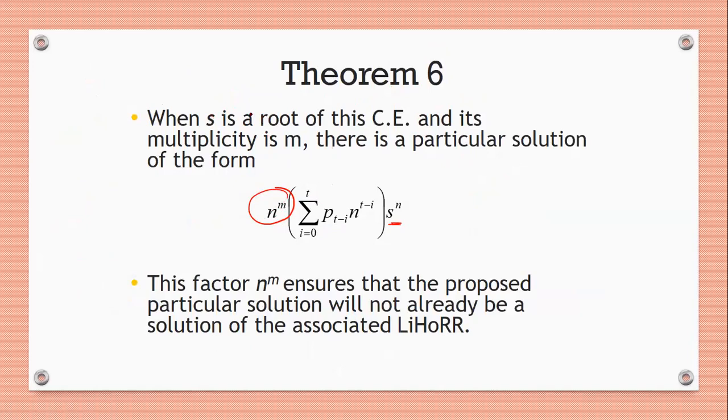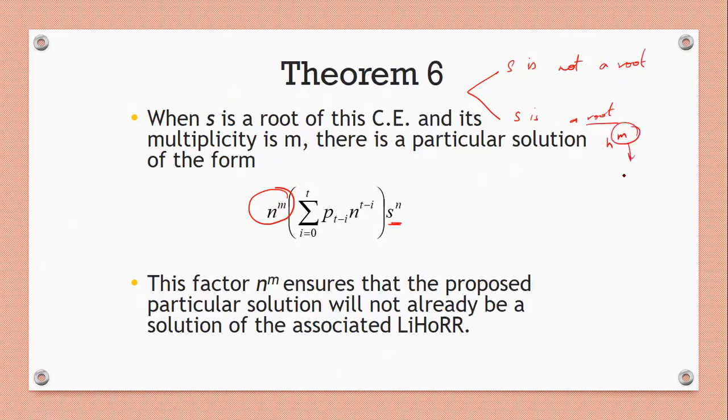So if s is repeated once, then it will be n to the power 1. If s is repeated twice, n square, and so on. We will see a few examples for understanding this, but for now you have to remember that theorem 6 will have two cases. One will be when s is not a root. The other will be when s is a root. Whenever s is a root, to case 1 we will just add n^m, where m is your multiplicity.